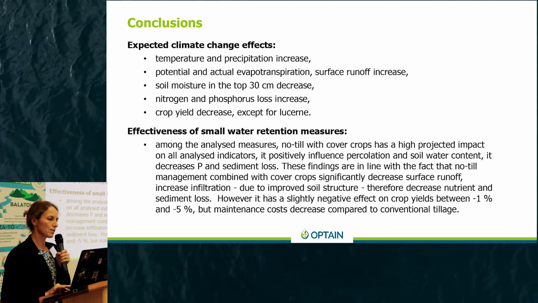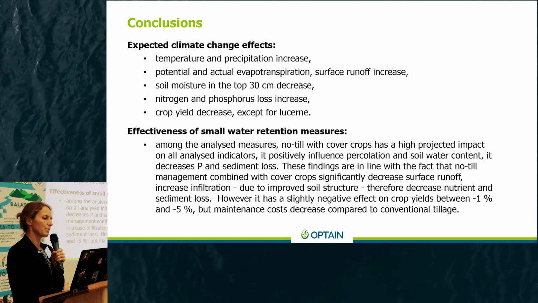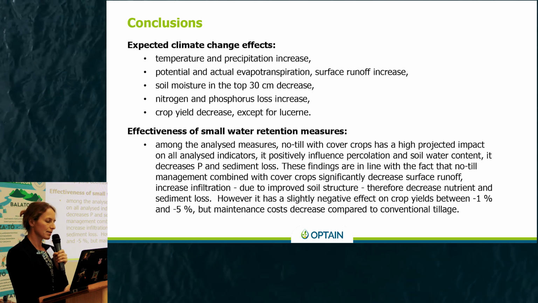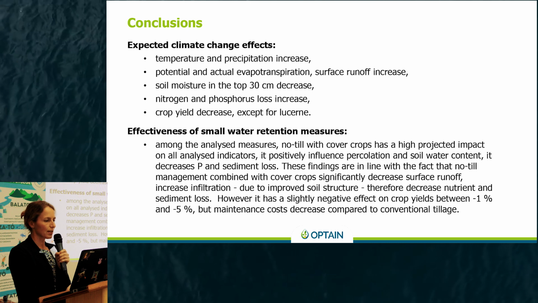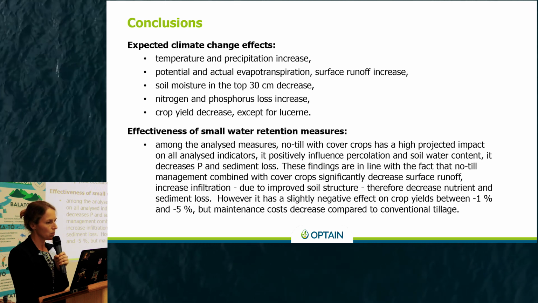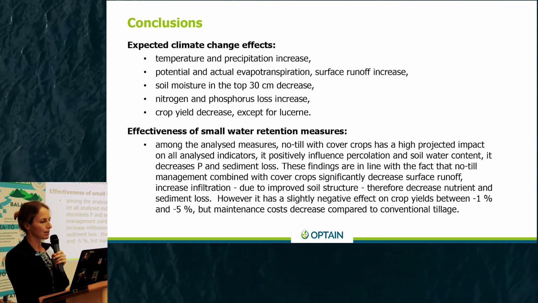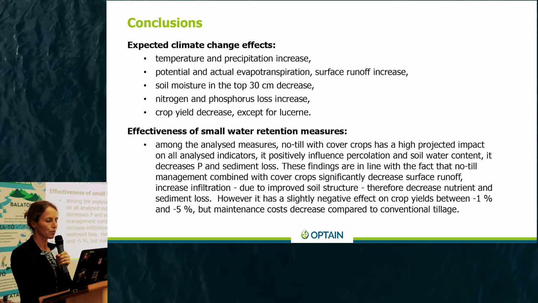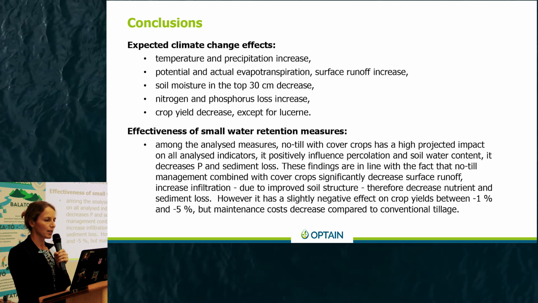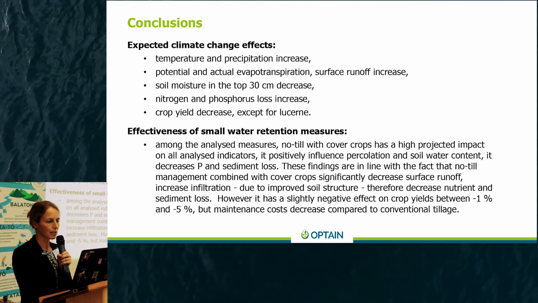Okay, so the conclusions. The expected climate change effects are temperature and precipitation increase, nothing new. Potential and actual evapotranspiration and surface runoff increase, again, nothing new. Then it can be interesting that soil moisture in the top 30 centimeters decreases, but okay, it's logical from the above two. Nitrogen and phosphorus loss increase, of course, if the surface runoff increases.